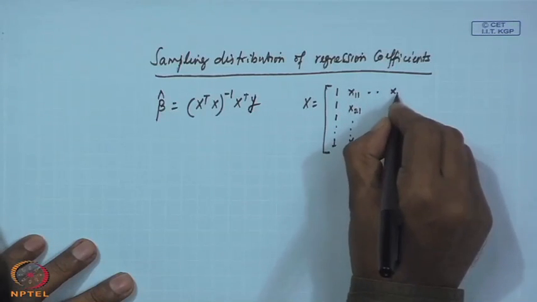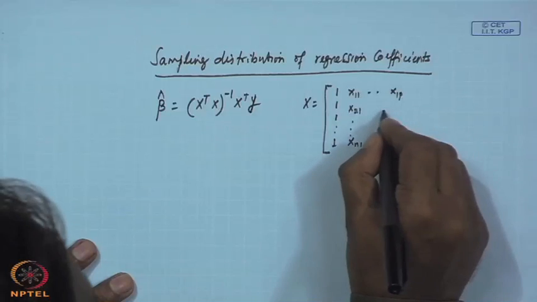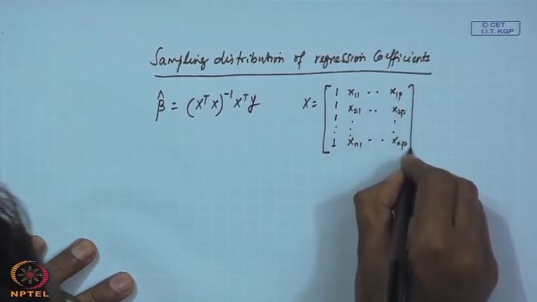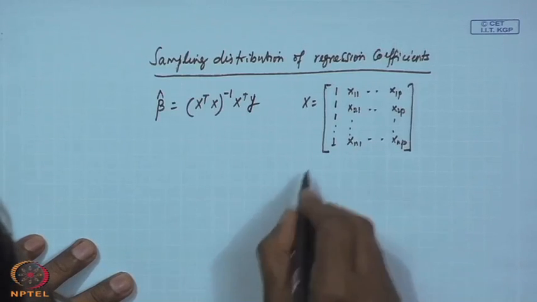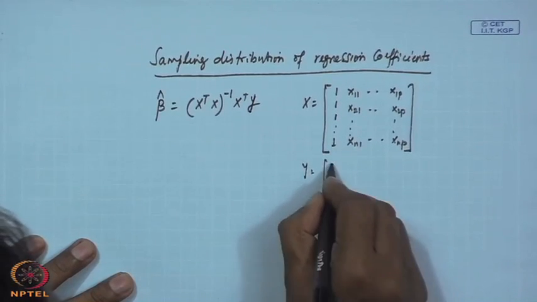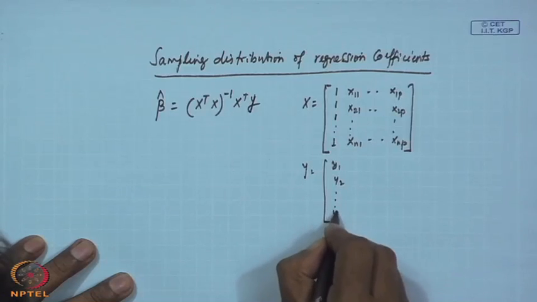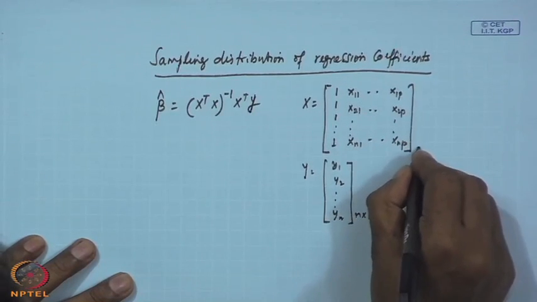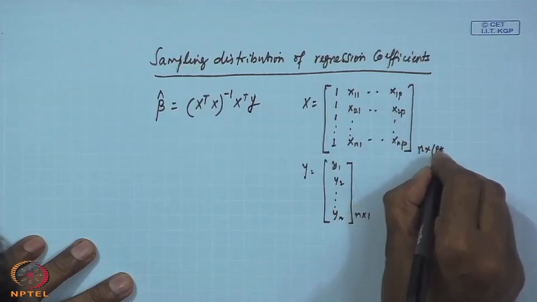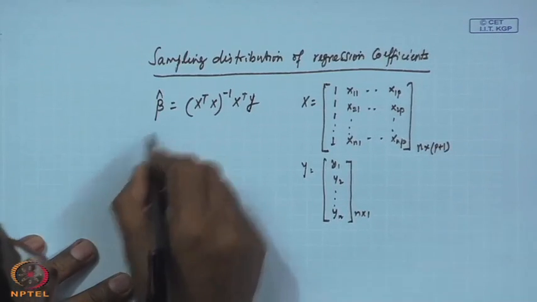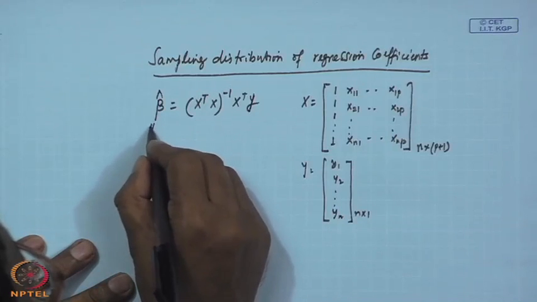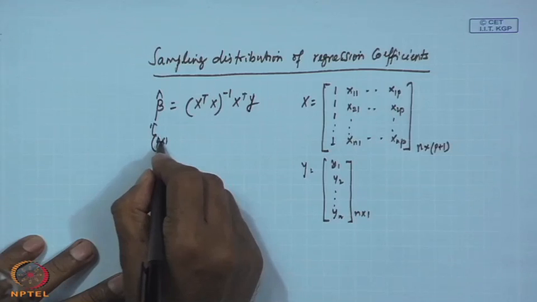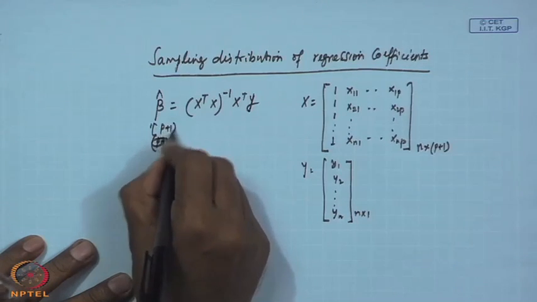Similarly, last one will be the pth variable data x1p, x2p, xnp, and y is the n observations. This is n cross 1, this is n into p plus 1, and this one beta, this will be definitely p plus 1 cross 1.